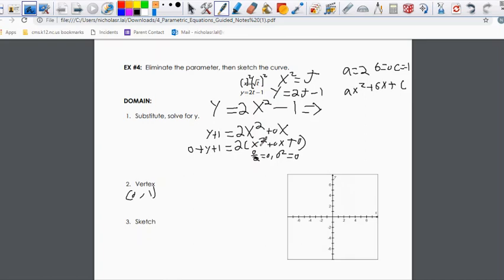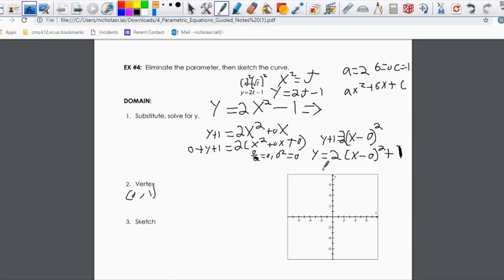So this will factor into x minus 0 squared. This will be y plus 1 is equal to x minus 0 squared. And so then, remember, or I guess there's a 2 here. So that means y is equal to 2 times x minus 0 squared minus 1.